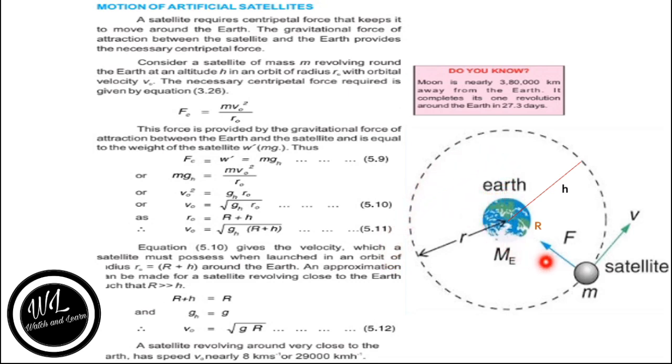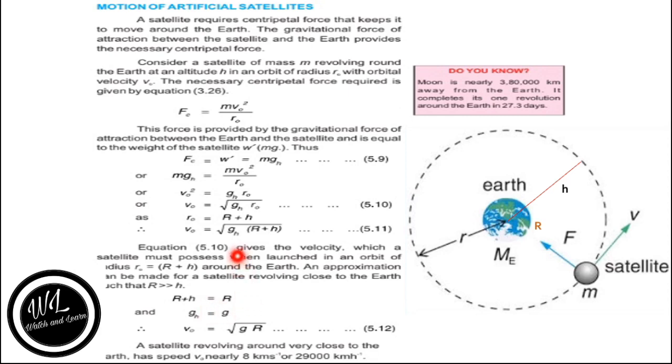Now let's say the satellite is very close to the earth, revolving at approximately the surface of the earth. Then there will be no h, so r plus h will be equal to r. And because the satellite is very close to the earth, the gravitational acceleration g h will be equal to g.